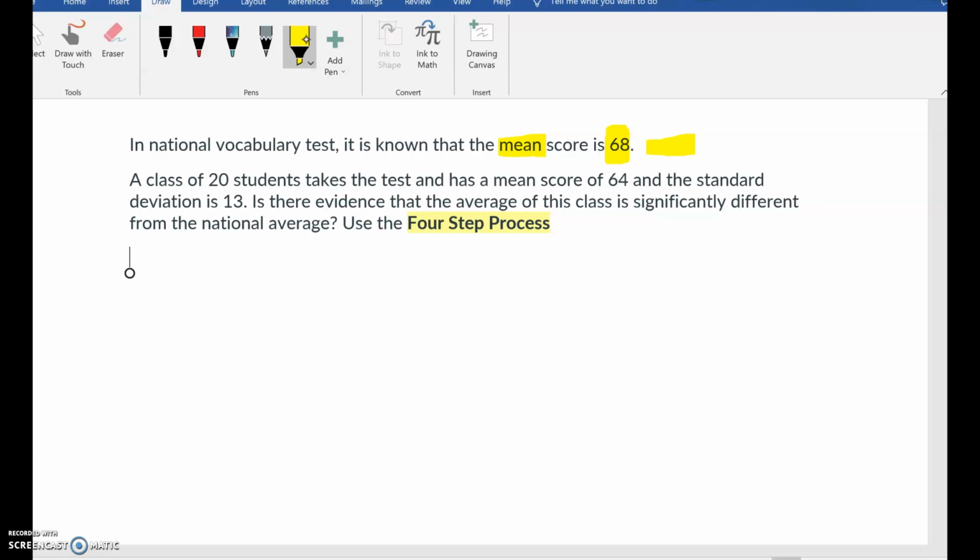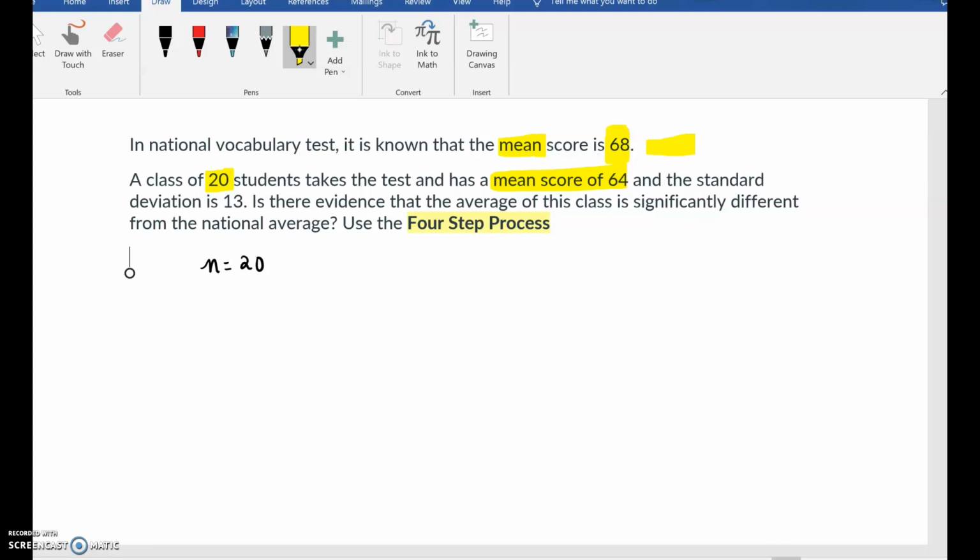So here we have a class of 20 students. That 20 is n, the sample size. A class of 20 students takes the test and has a mean score of 64.